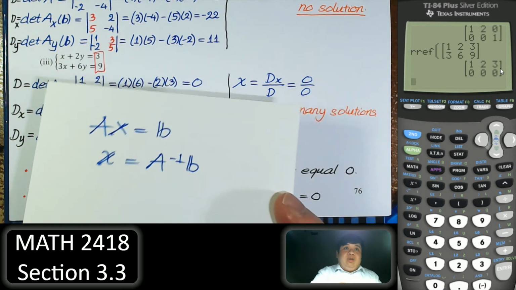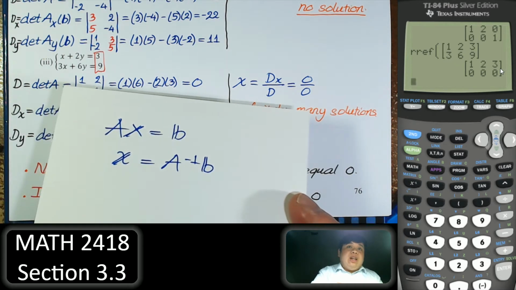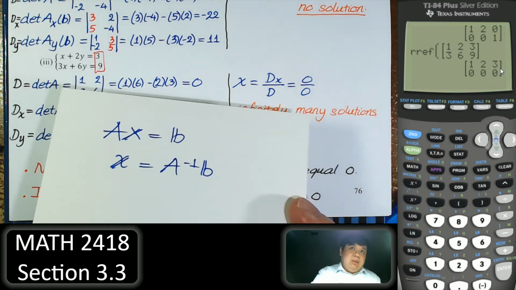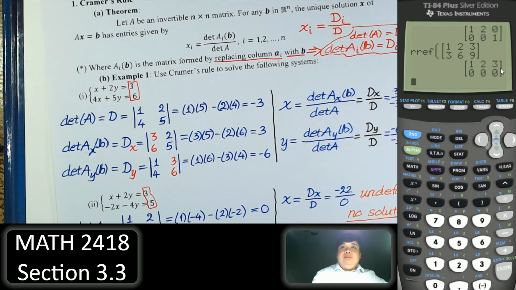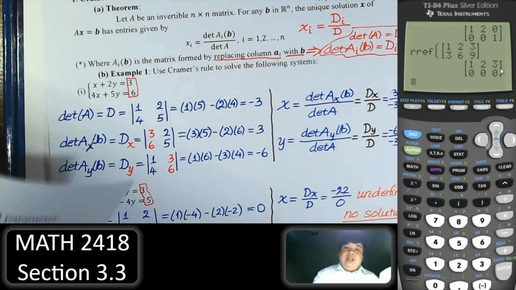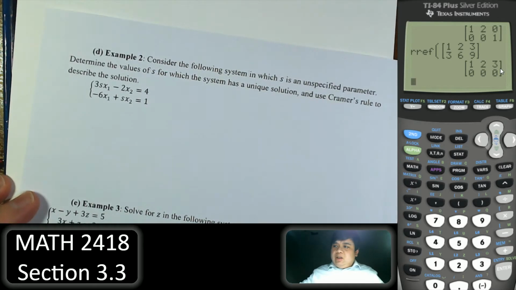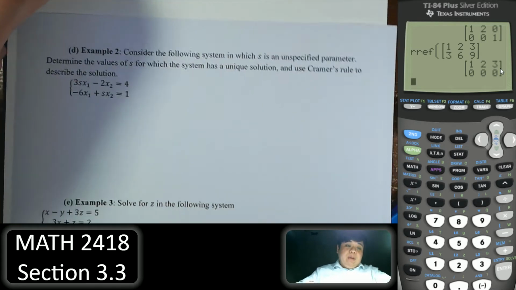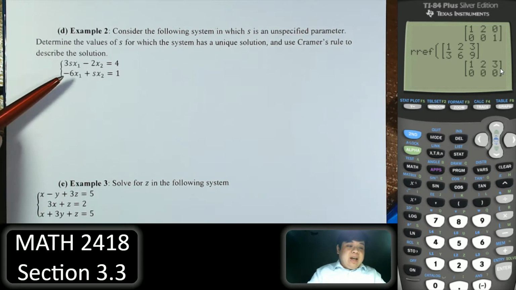Of course, the matrix inverse will be the worst, because if we use this, there's no way we can tell if there's no solution or infinitely many solutions. So what we learned in the first chapter actually is the best. However, in some situations, Cramer's rule will work very well. There's something like this where we have the s.